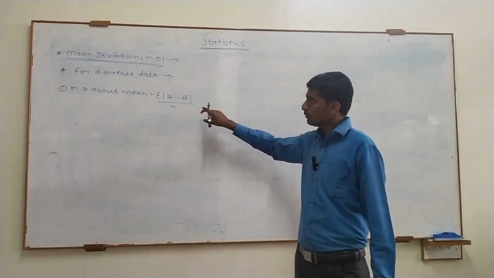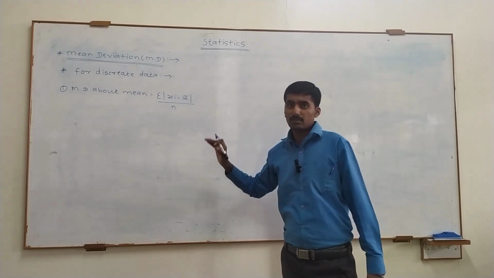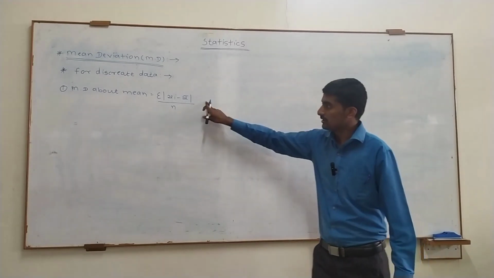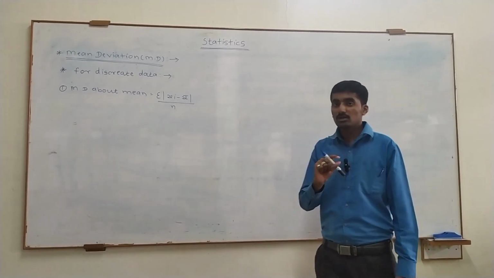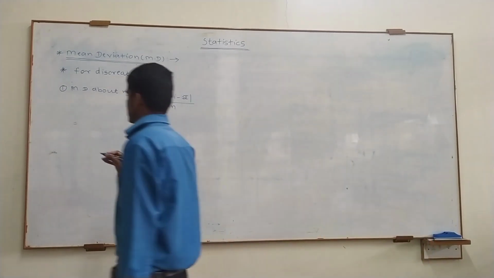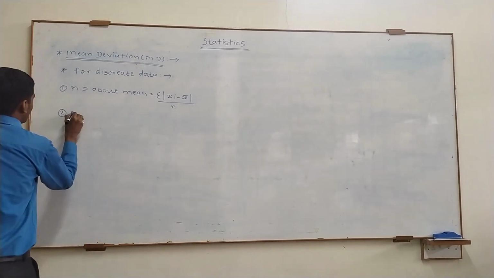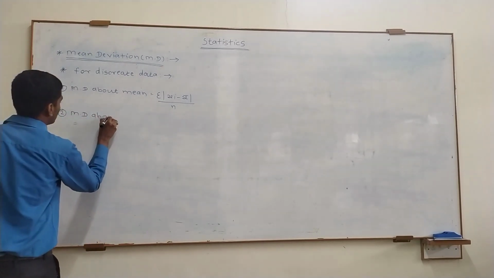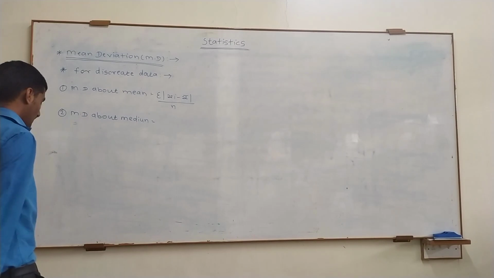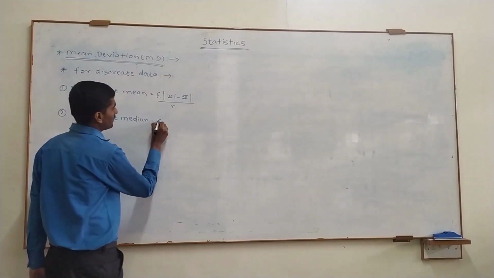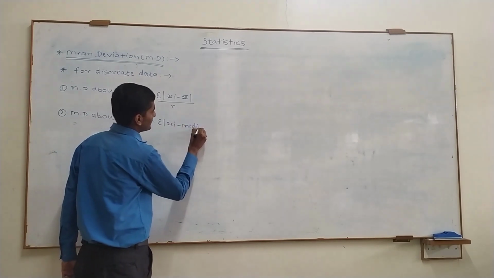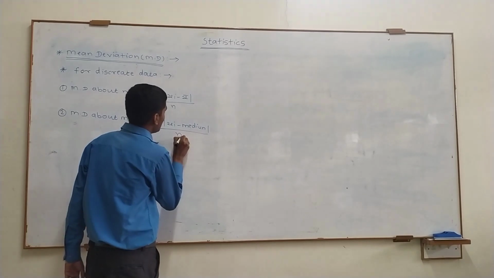So what we have to do is subtract the arithmetic mean from the data. x bar is the arithmetic mean, divided by n. What is n? Small n denotes the total number of observations. The next formula is mean deviation about median: the summation of mod of xi minus median, divided by n.